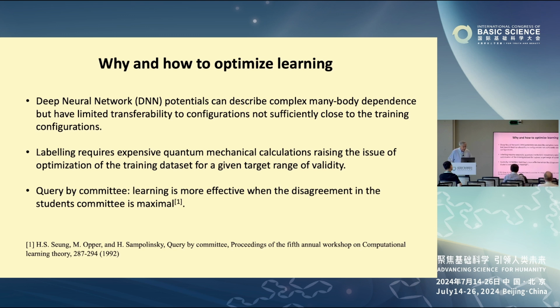So that is still expensive, and that raises the question of optimizing the learning in order to reduce the number of expensive quantum mechanical calculations that are necessary for a given target of accuracy. And that was the content of the paper that has been awarded.